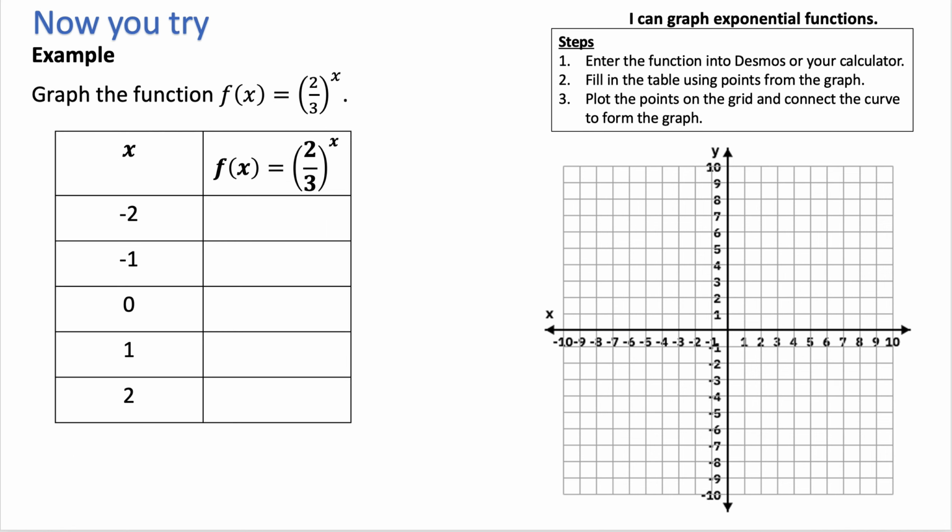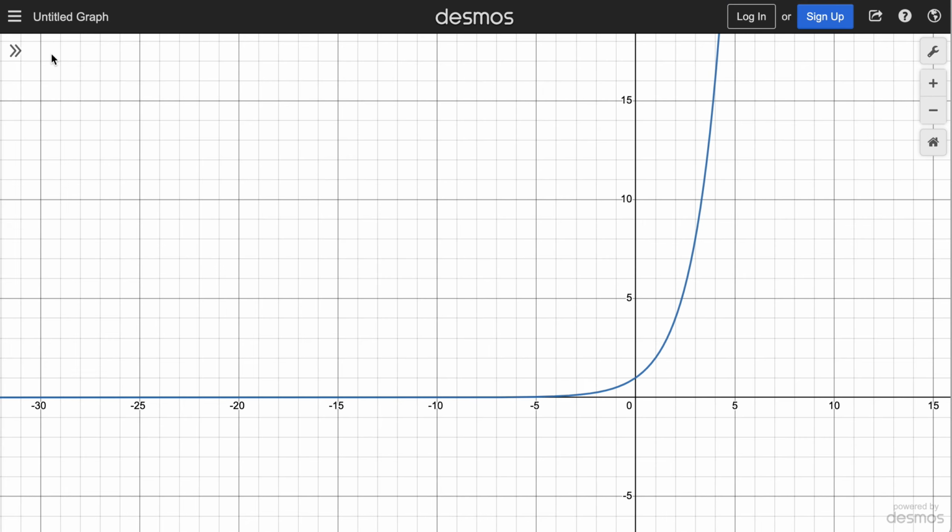Now you can go ahead and pause the video and try this example on your own. So we have 2/3 to the x, and we're looking for the x values of -2, -1, 0, 1, and 2. Once again, we're going to go back to Desmos and use Desmos to help us out.